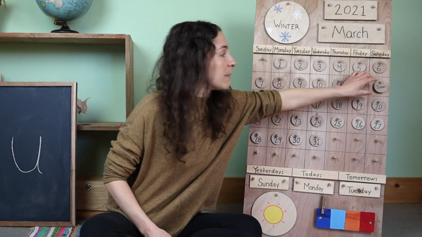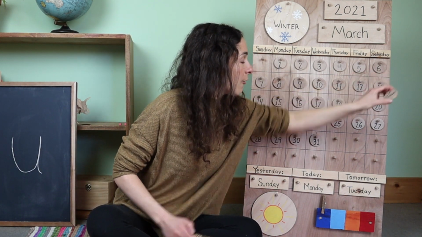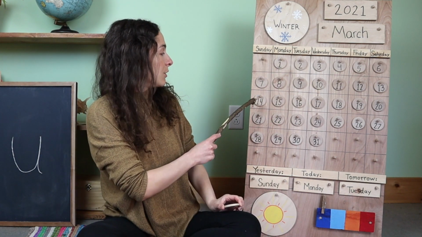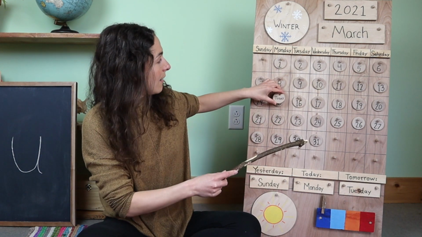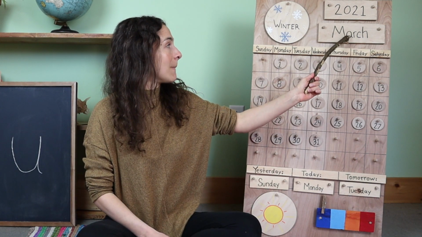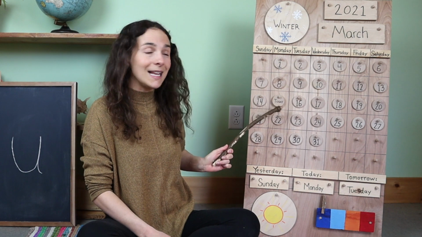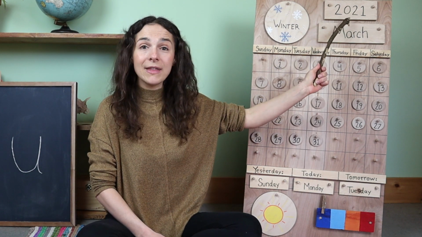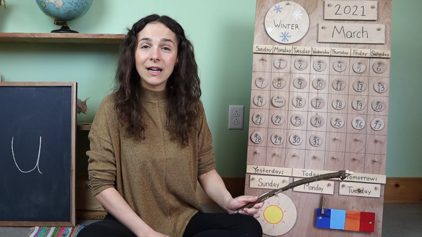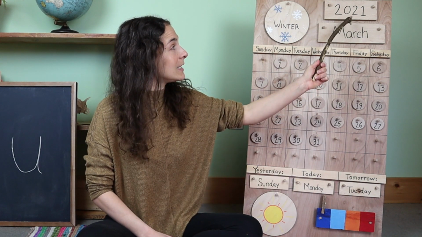So let's move the chip over from the 13th, that was the last time we met, to 14, 15, because today is March 15th, and right up here we have the year. Do you remember what the year is? 2021.